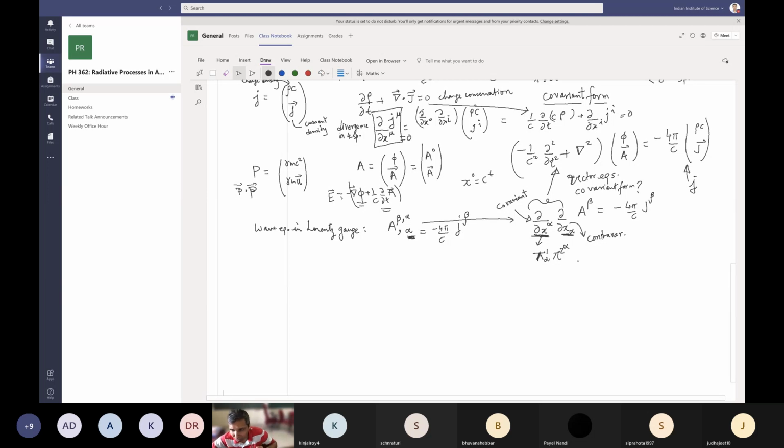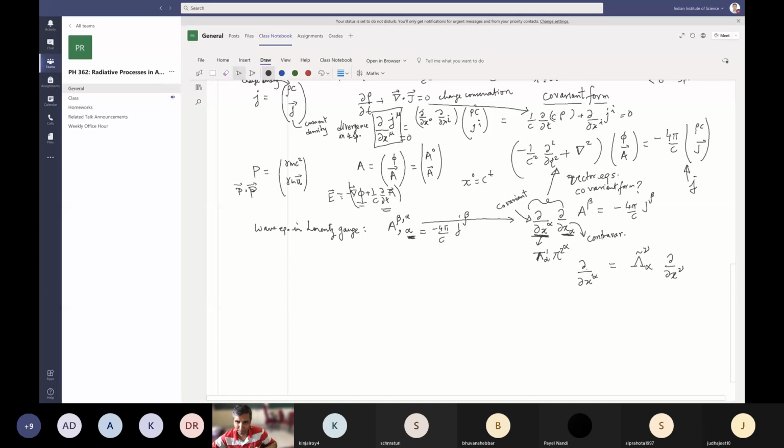For example, in other words, dou by dou x alpha prime is equal to dou by dou x nu, and there is a lambda tilde here, and this is also nu alpha, right?